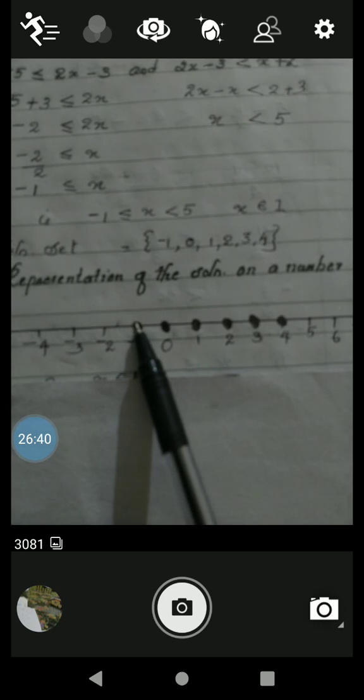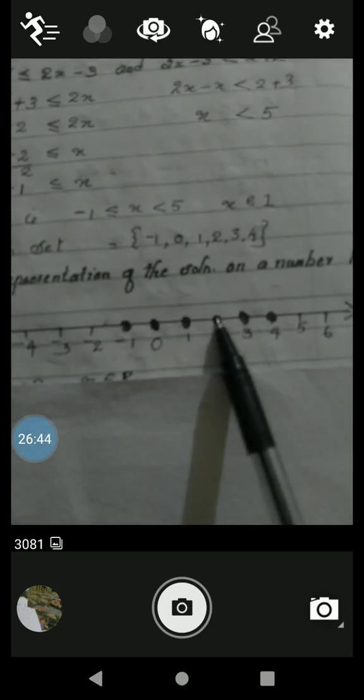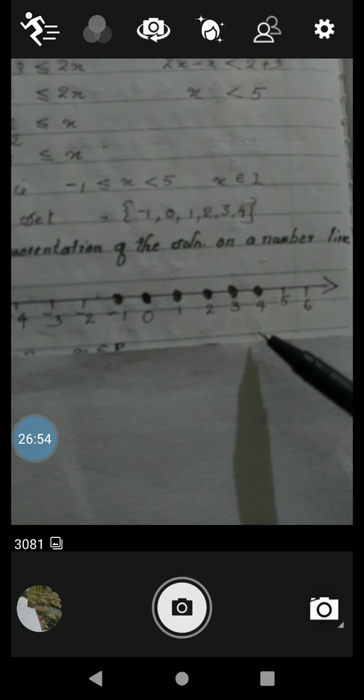Here, since x belongs to integers, only these numbers are the solution set. So draw a number line and mark like this or darken this circle. In this way we can represent the solution set on a number line.